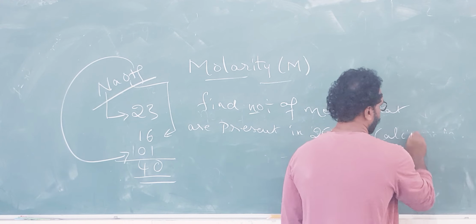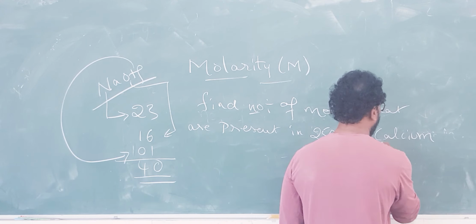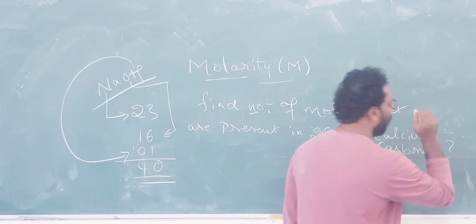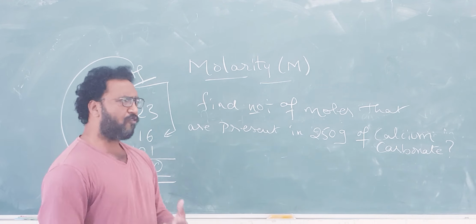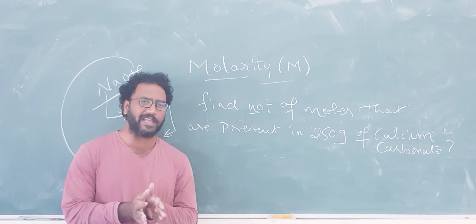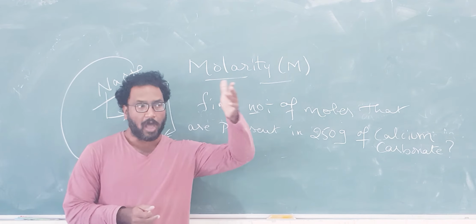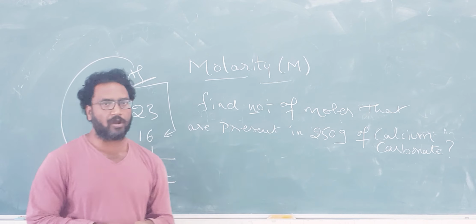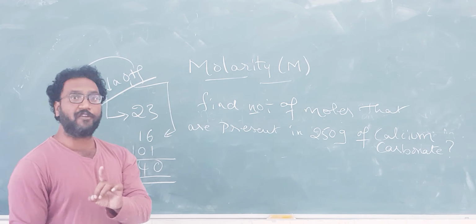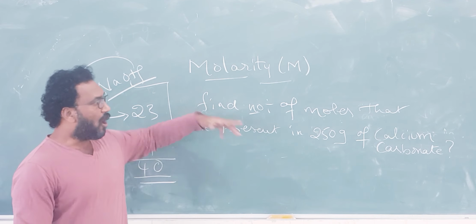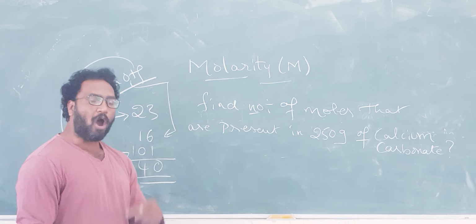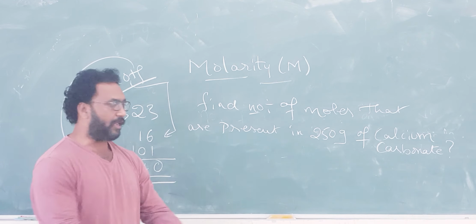Why are we finding the number of moles? As you remember, initially we discussed that molarity is the number of moles of solute dissolved in 1 liter of solution. That's why we are primarily focusing on the number of moles. After understanding clearly how to get the number of moles, we shall move on to how to calculate the molarity.